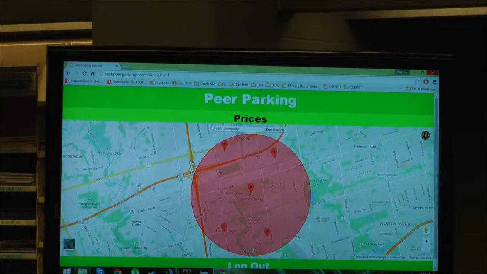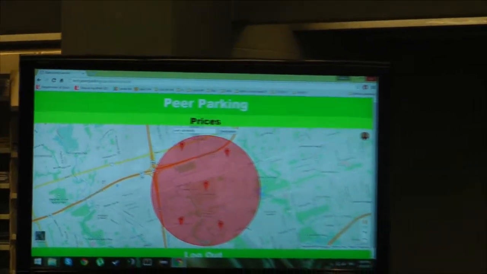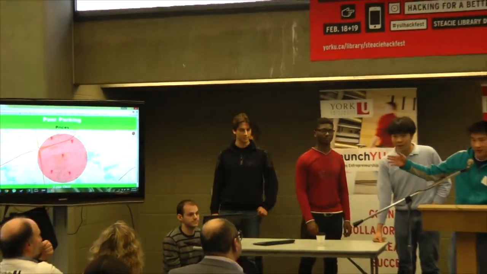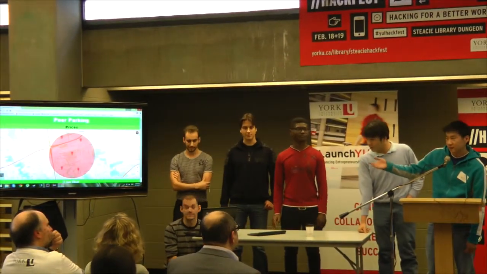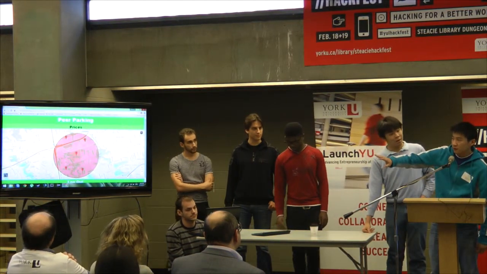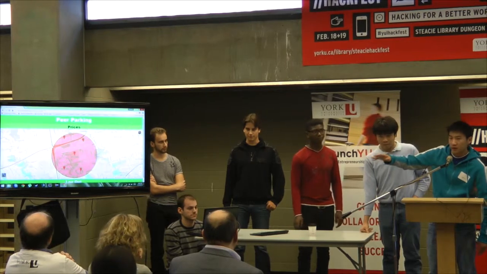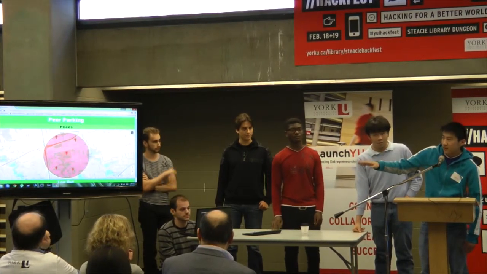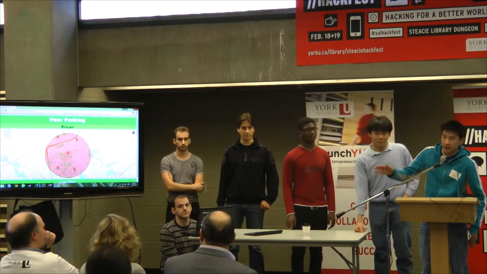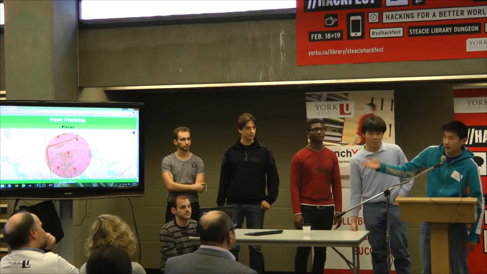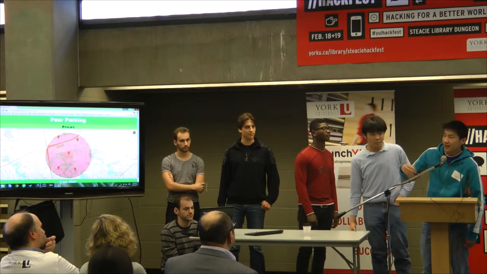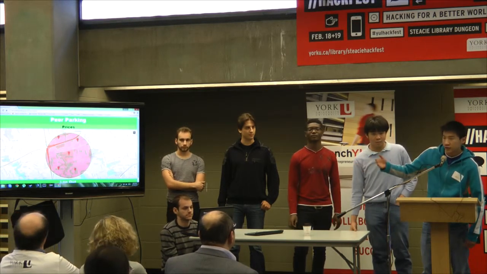Okay, so as introduced, my name is Daniel, and for the past 2 days we were trying to implement the Google Maps API into our own homemade website. Basically what this does is we have a set radius of 500 meters from the selected location, and inside the 500 meter radius circle, we've searched for all the suitable and open parking spaces around that are registered in our database, and then we list them all for the user to choose from.